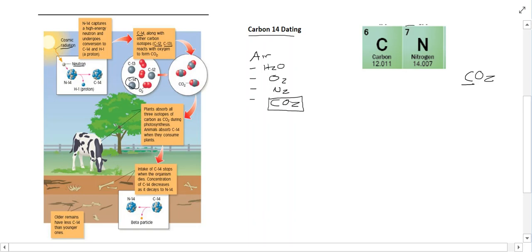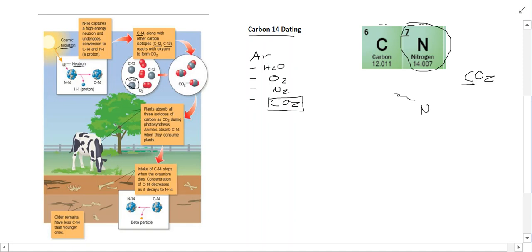So if we have a look here, this is nitrogen, and this is how it looks on the periodic table. We see that its atomic number is 7, so it has 7 protons in its nucleus, and its mass number is 14. Now, these high energy neutrons that are coming from the sun come into contact with the nitrogen. So imagine you have nitrogen that's in the air.